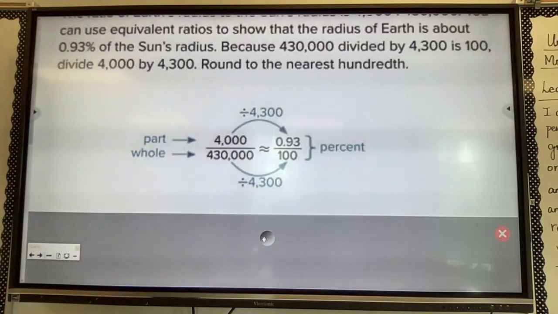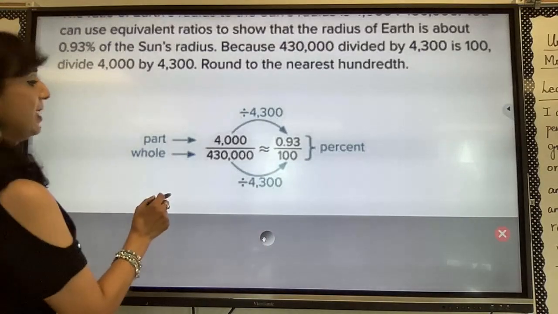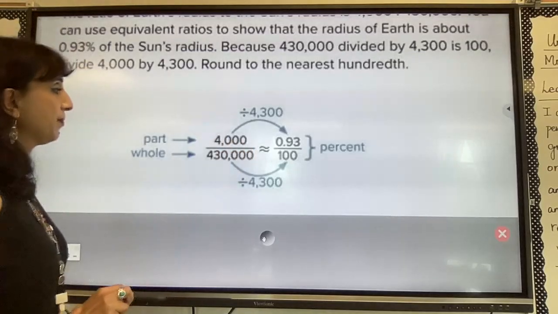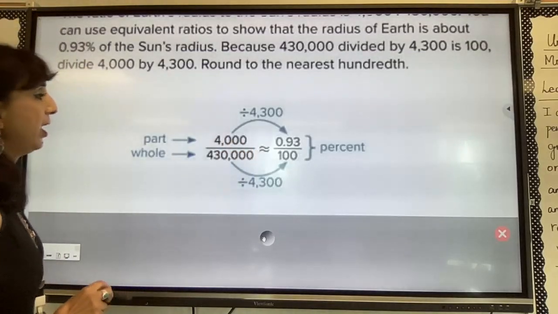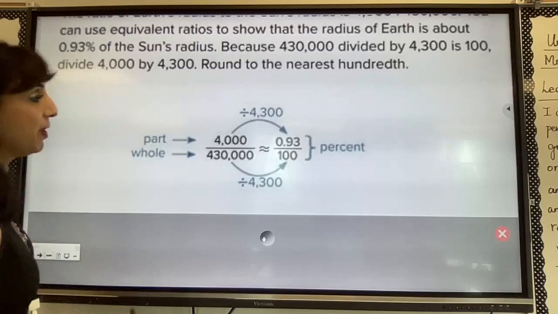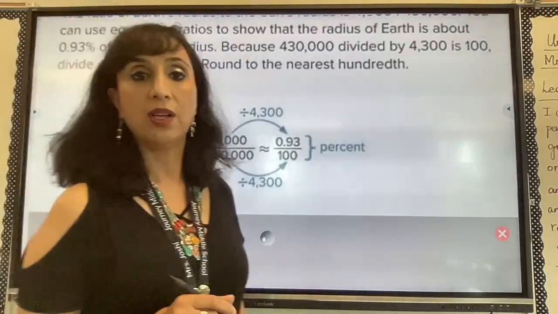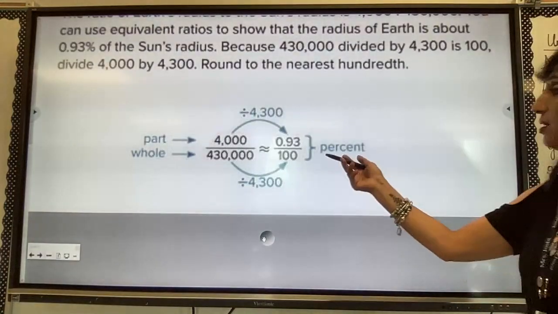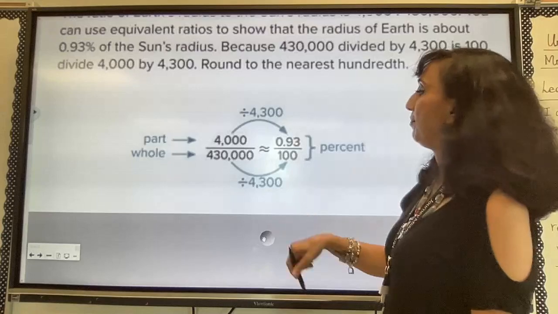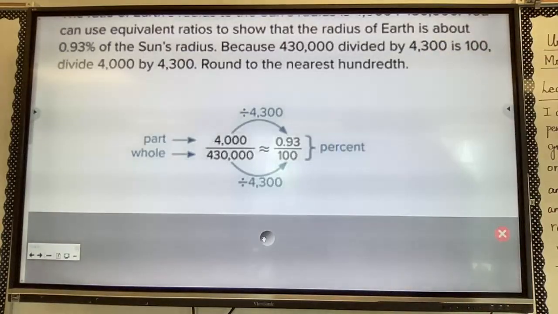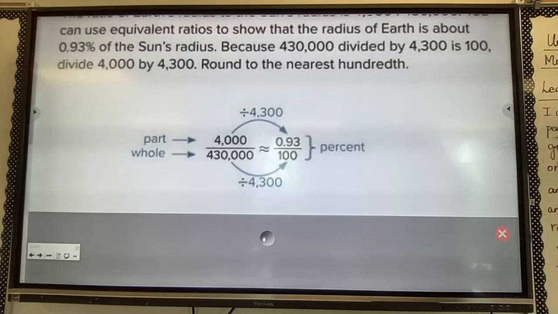So part to whole, and all I could have easily done over here, I have 3 zeros, I would cancel the 3 zeros out. Okay, and then I have 4 and I have 430, so when I simplify, or I can just divide this by 4,300 and I end up with 9,300%. Okay, so my part to whole is going to be that much.